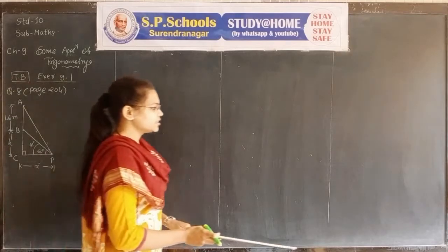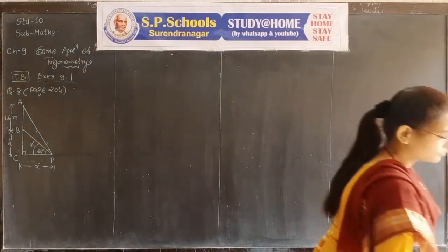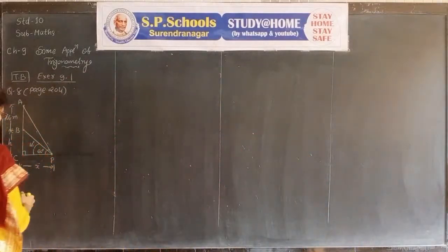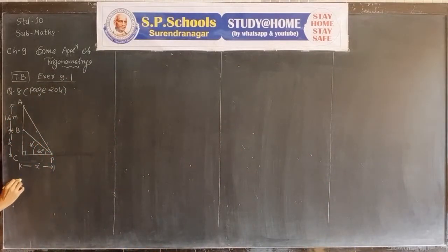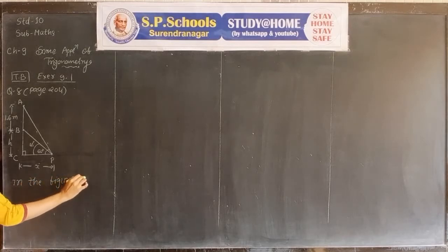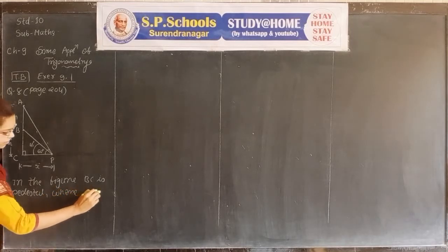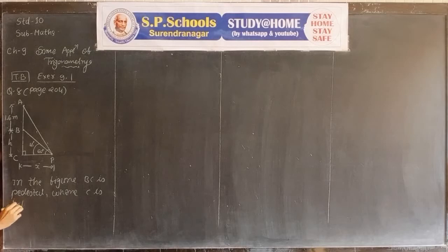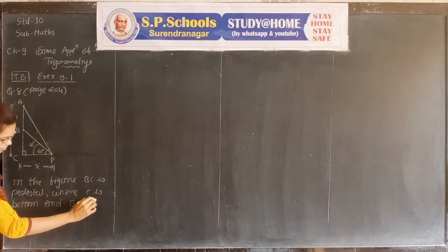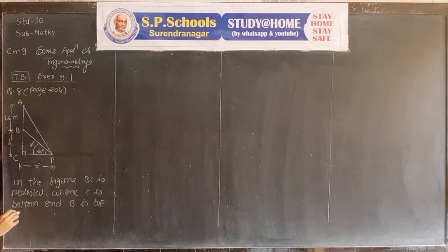First of all, write the description of the figure. In the figure, BC is the pedestal, where C is the bottom and B is the top of the pedestal.